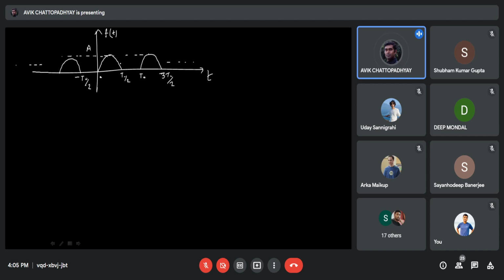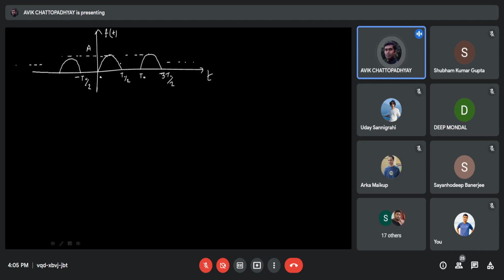Now, if you look into it very carefully, you will see that this signal neither has any odd symmetry nor any even symmetry. So the even symmetry and odd symmetry properties you cannot use directly.